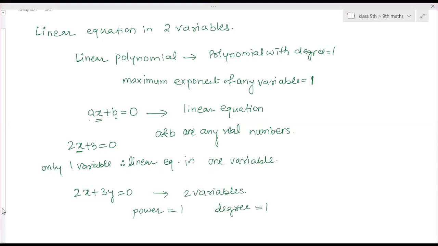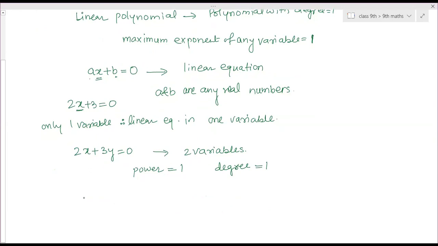So therefore, this is a linear equation. It is an equation because it is equated to 0. And it has two variables. So we call it a linear equation in two variables.